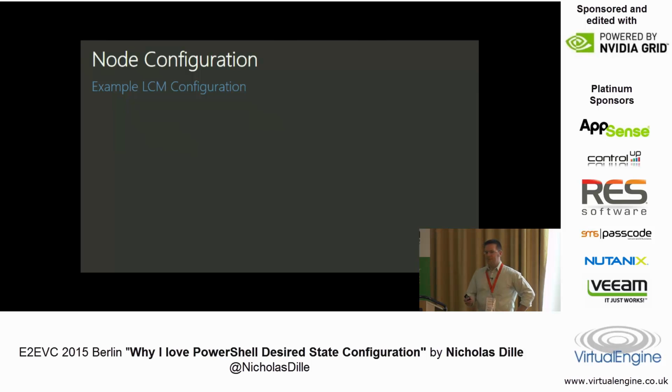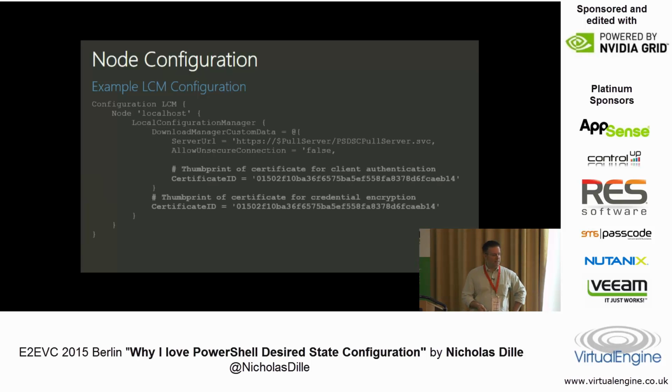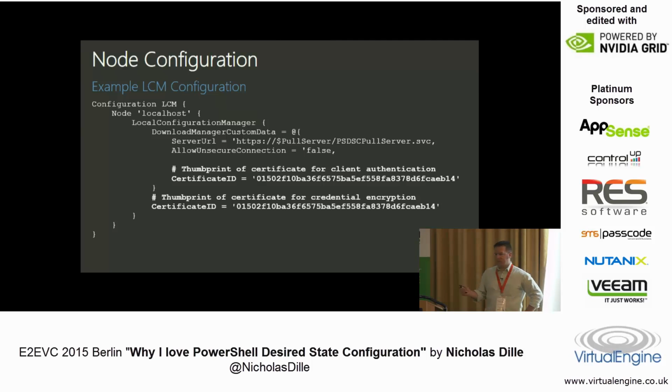I talked about two types of certificates, one to do the client authentication, one to do the credential encryption. And to give an impression, that is also a kind of desired state configuration, node configuration, and it tells the local configuration manager that this node needs some kind of configuration. You tell it to use a pull server.